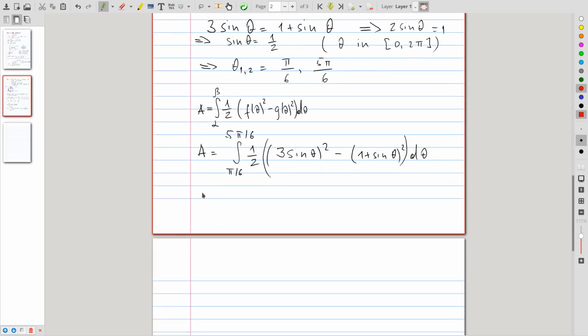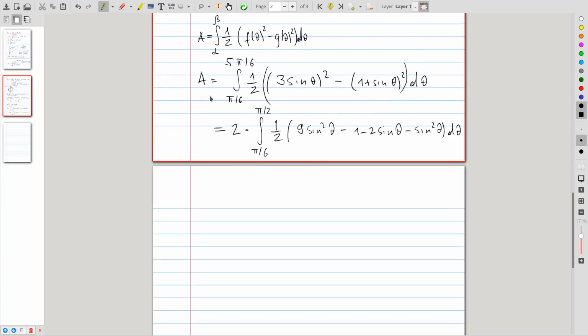So this area is equal to 2 times the integral from pi over 6 to pi over 2. And then we have to expand this difference. We have 9 sine squared theta minus 1 minus 2 sine theta minus sine squared theta.